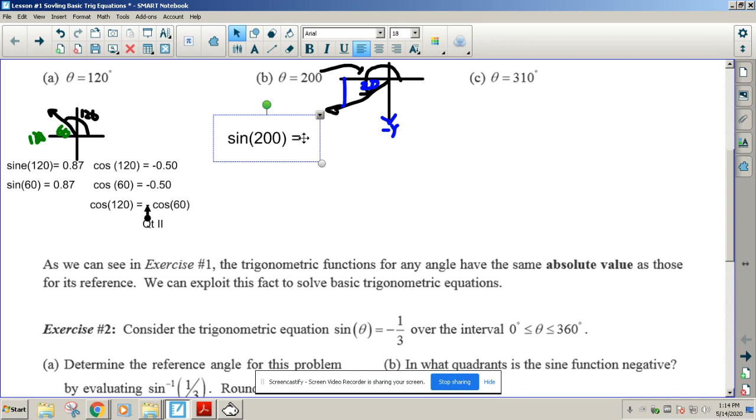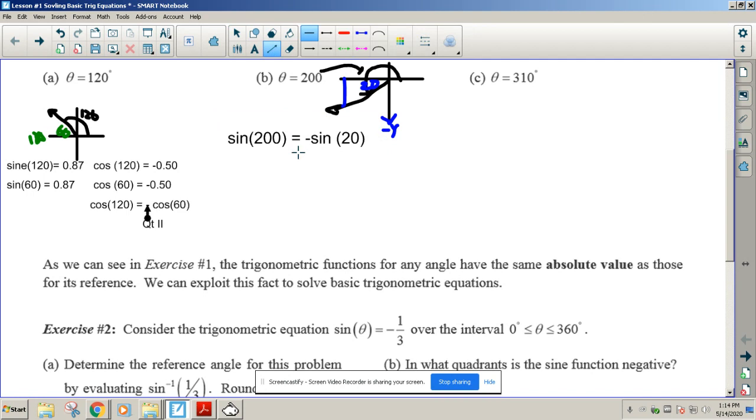So if I were to talk about this in terms of a reference angle, this would be negative sine of 20 degrees because I'm in quadrant 3. The negative is referring to quadrant 3.